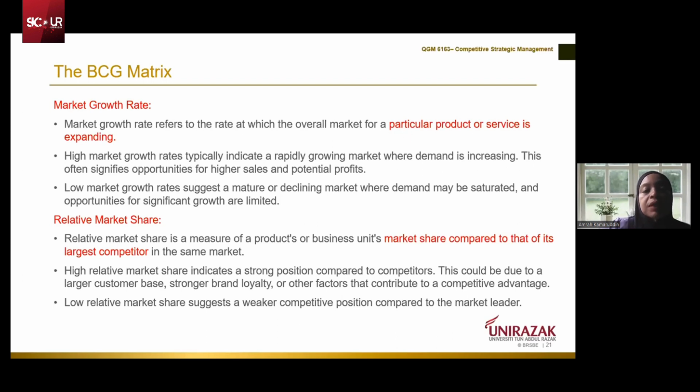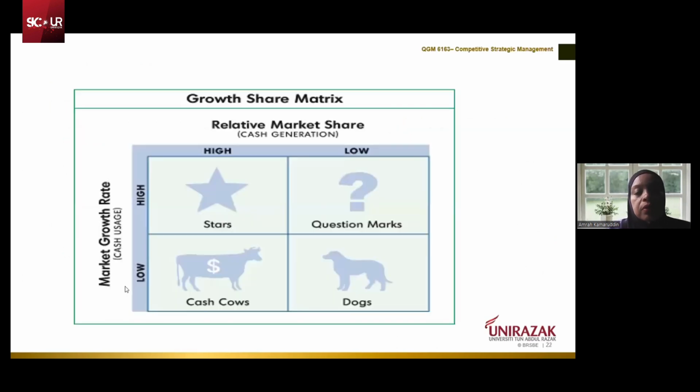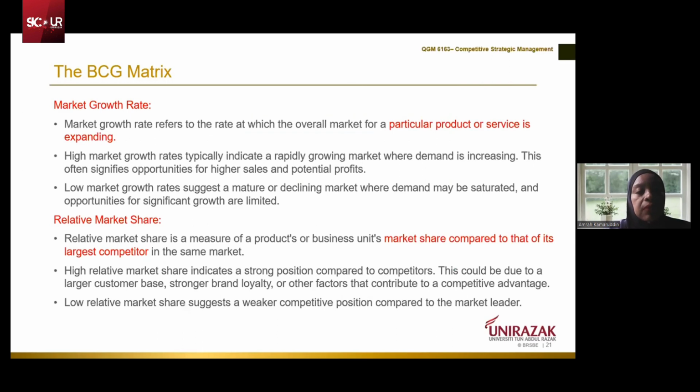The growth is low and high. Growth is how the product is expanding or growing in the particular market. There are two things that you have to look into, and you will understand better if I give an example.